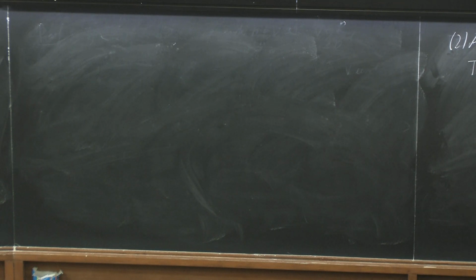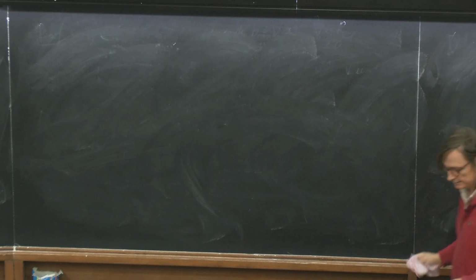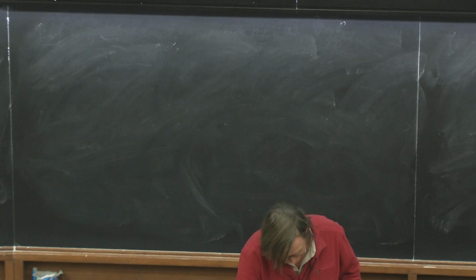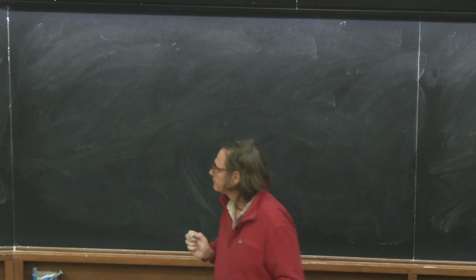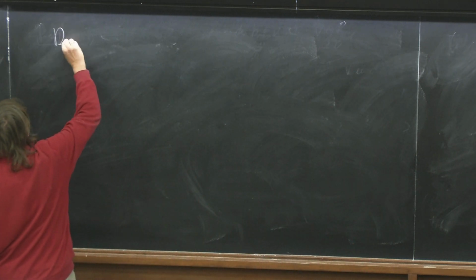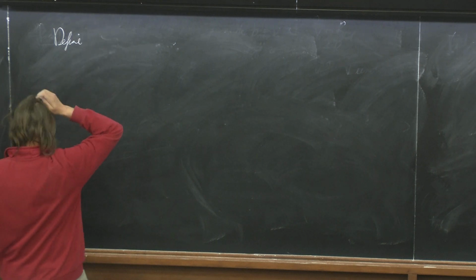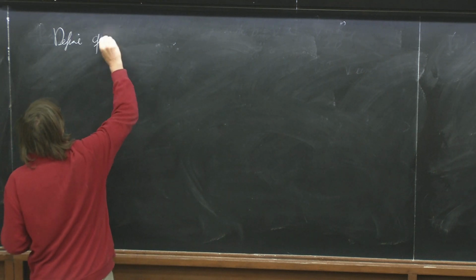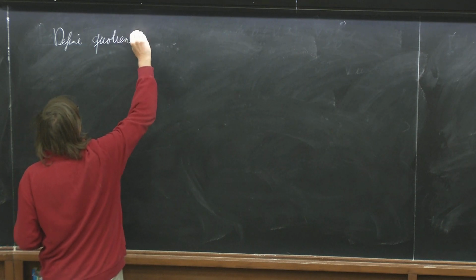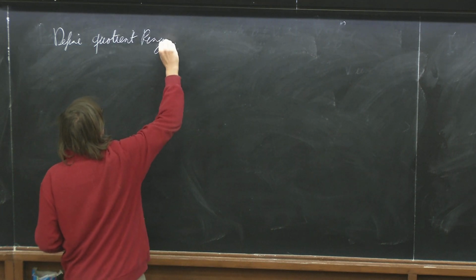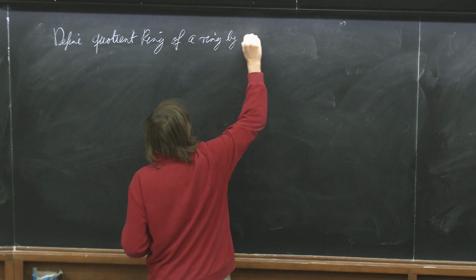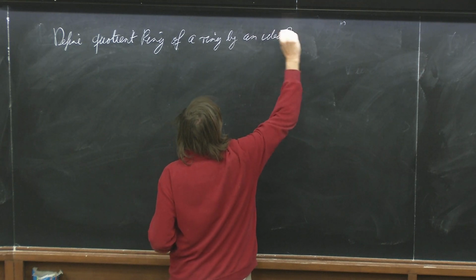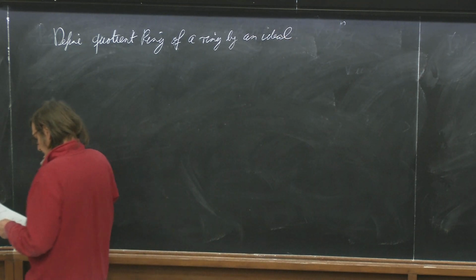That's somehow a nice thing about ideals. And then you have also the corresponding homomorphism theorem. So now we define a quotient ring of a ring by an ideal. Definition.